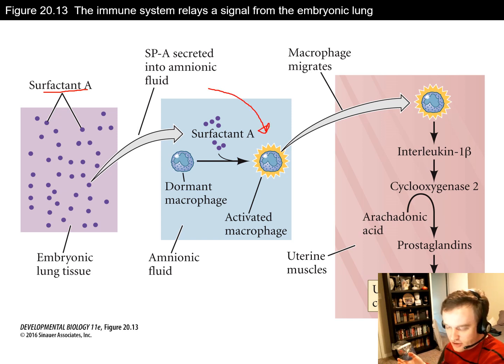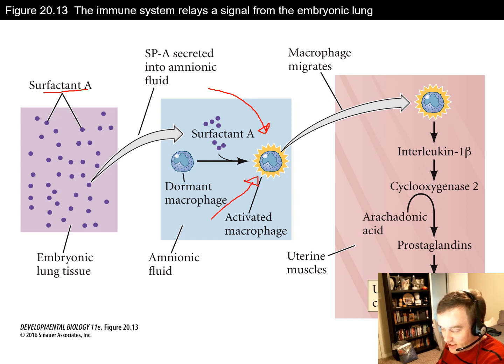The lungs are exposed to the amniotic fluid as they develop to that point, because obviously the fetus is ingesting this amniotic fluid, and that's why after birth they have to get the fluid out of the lungs of the baby for the baby to breathe. But anyways, this surfactant is transferred to the amniotic fluid, which activates these macrophages.